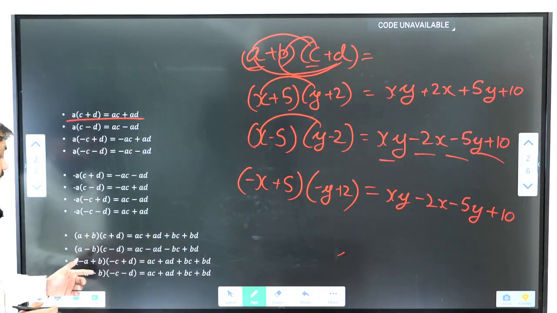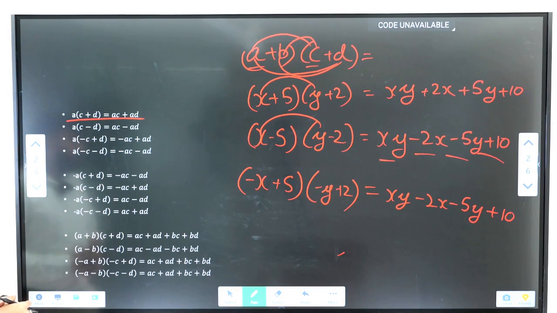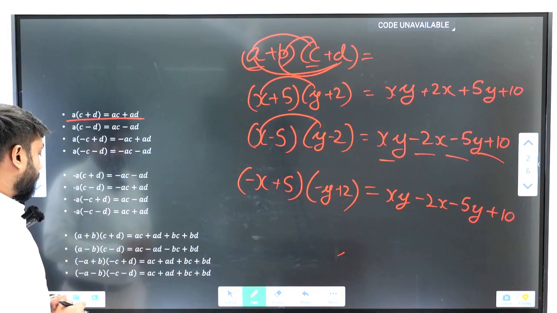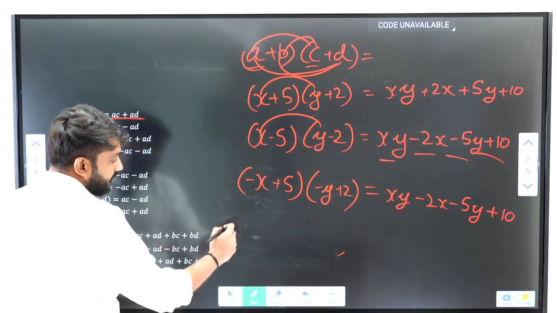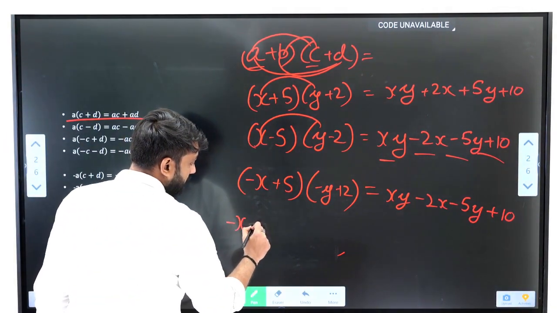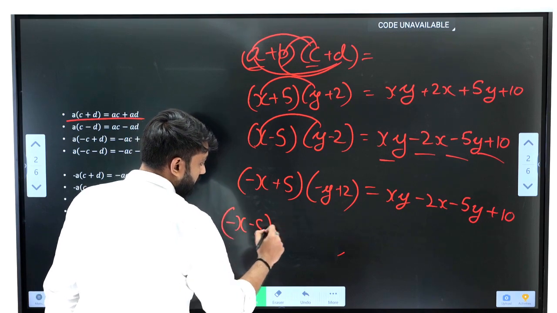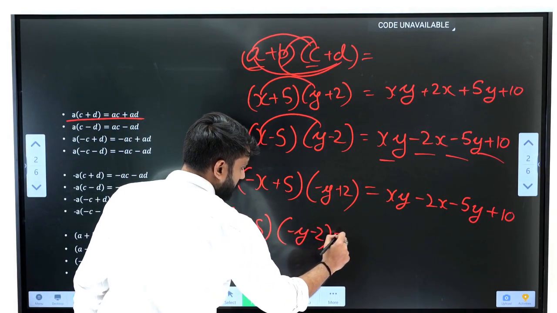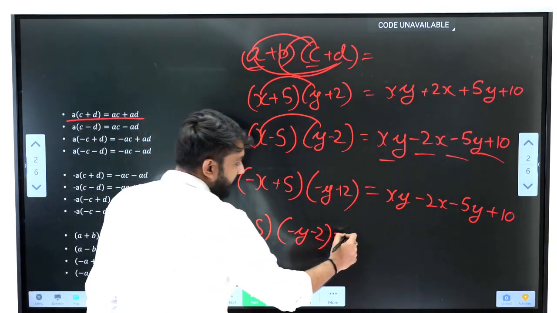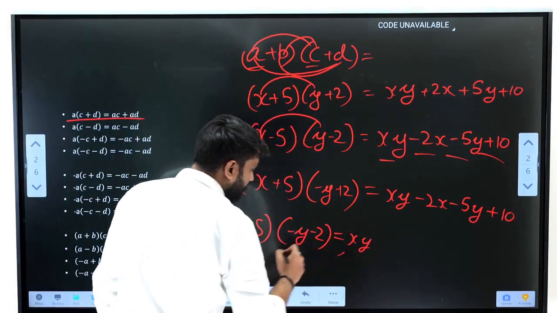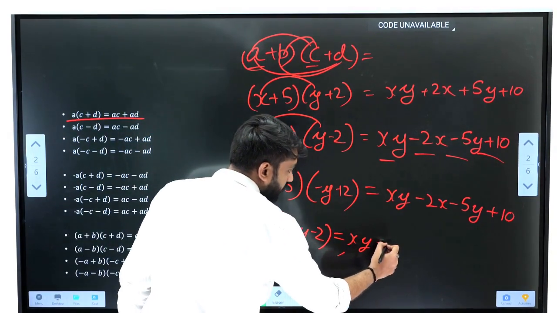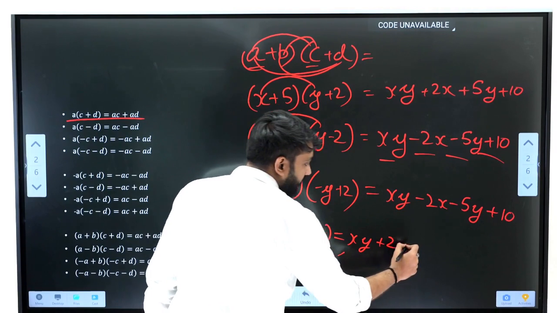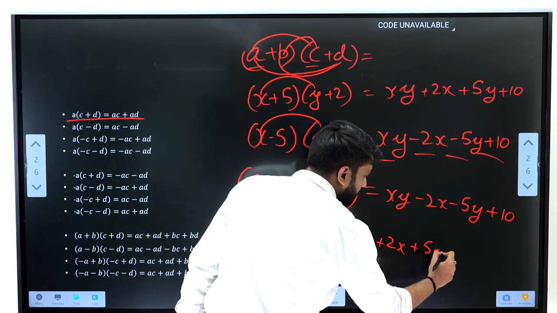Let's look at the last one, where all of the digits or the variables turn to negative. So negative x into negative y will once again give me positive xy. Negative x into negative 2 will again give me positive 2x. Negative 5 into negative y will once again give me a positive 5y.